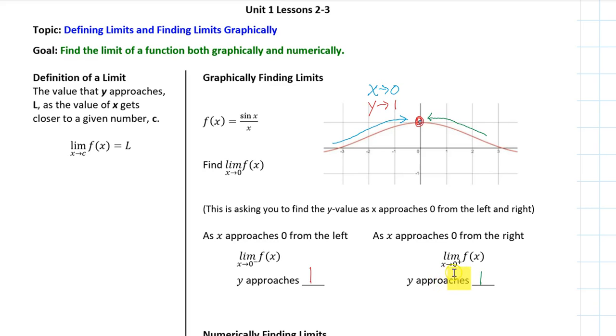It says as x approaches 0 from the positive side, that means from the right side. The other one was x approaches 0 from the negative side, which is the left side. So we would say that the limit as x approaches 0 of f of x is equal to 1.